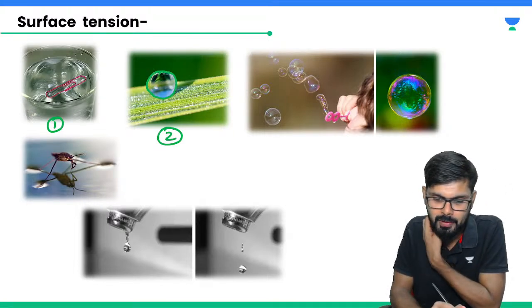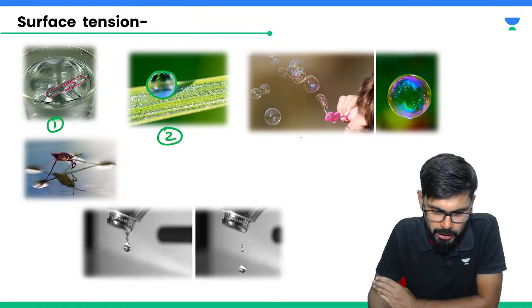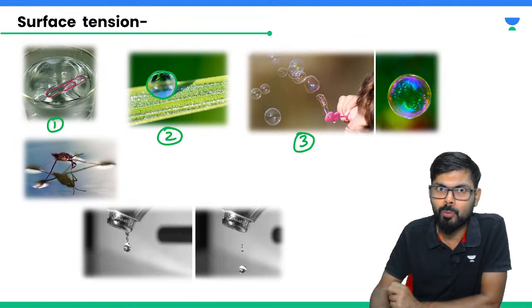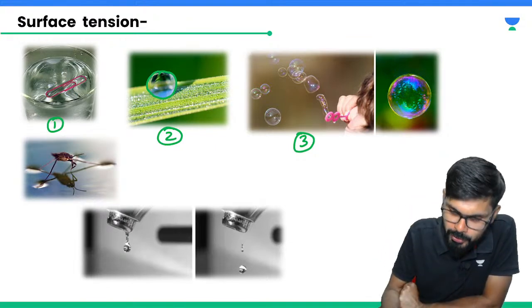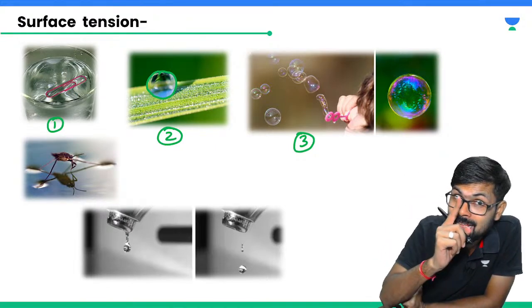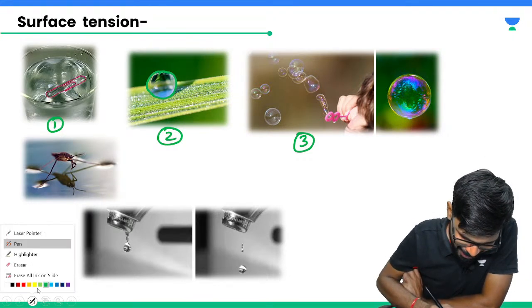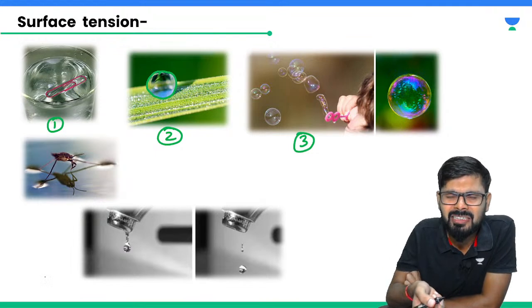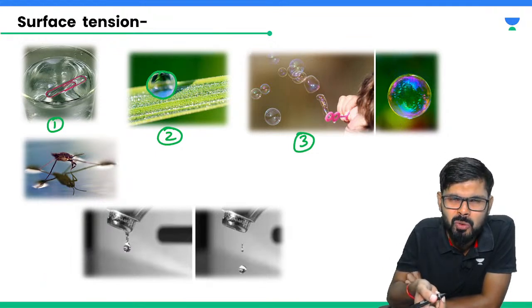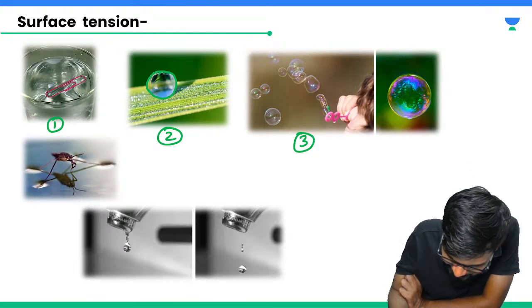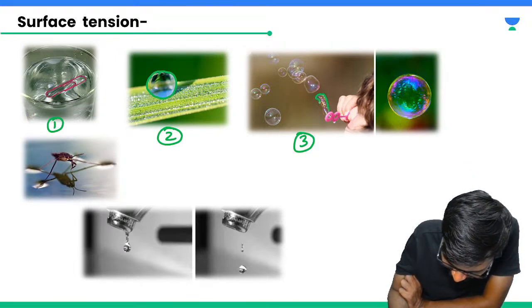Third point, you must have done this during your childhood: blowing bubbles. Look at this diagram very carefully. Is it spherical in shape?